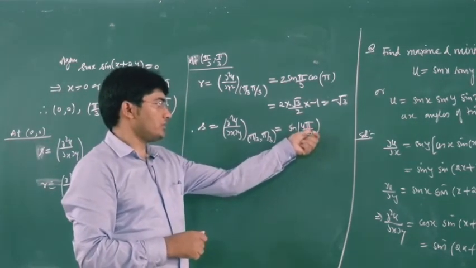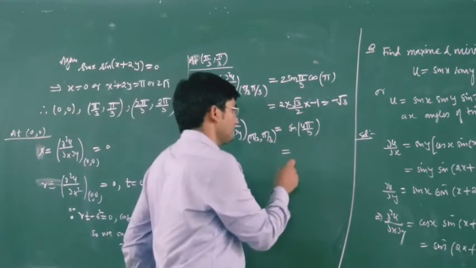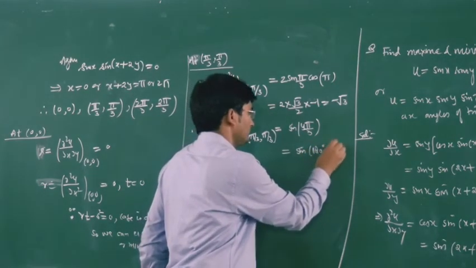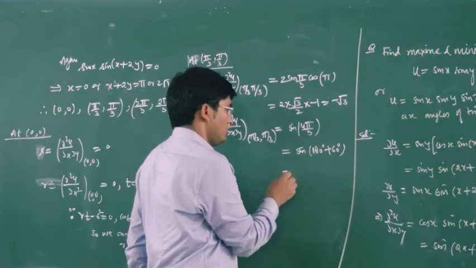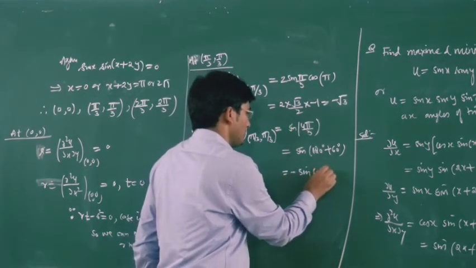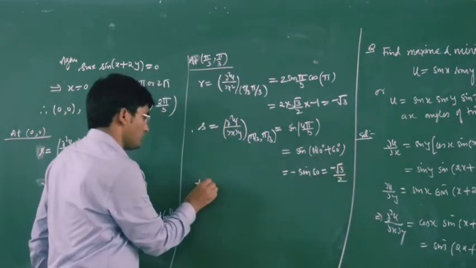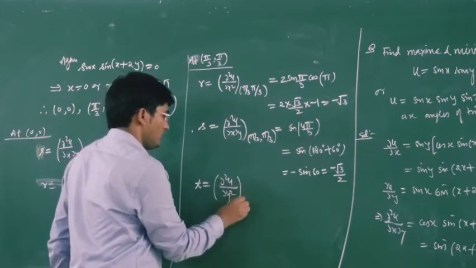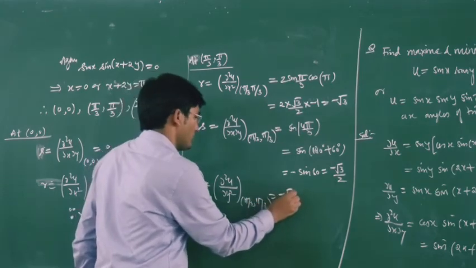So sin 240 will be sin 180 plus 60, and this will be minus sin 60 degree. So this is again minus root 3 by 2. And your t is equal to del t upon del y2 at pi by 3, pi by 3, and this will be minus root 3.